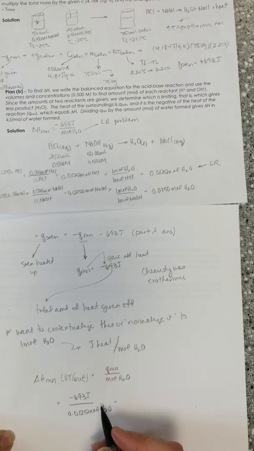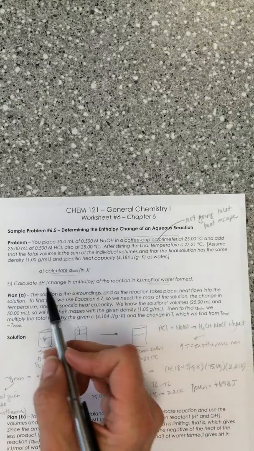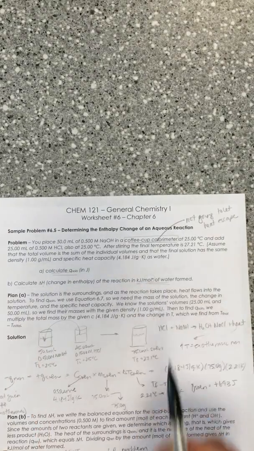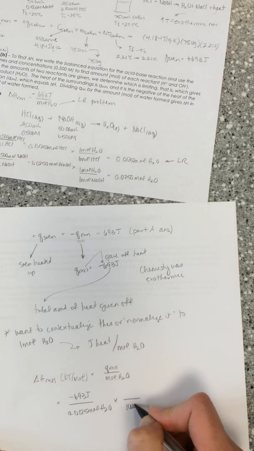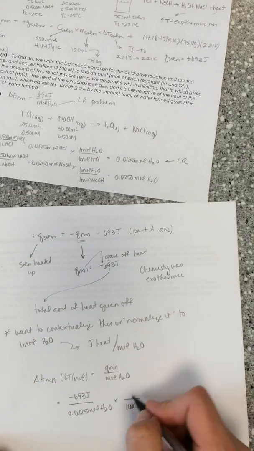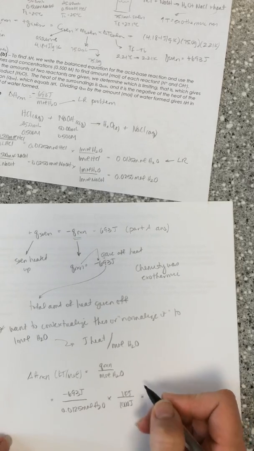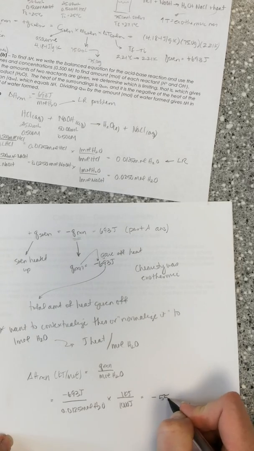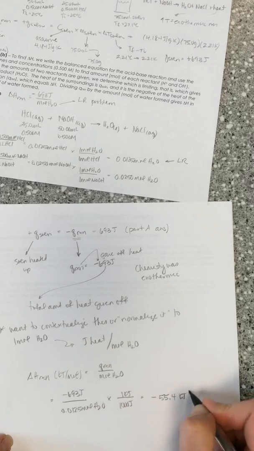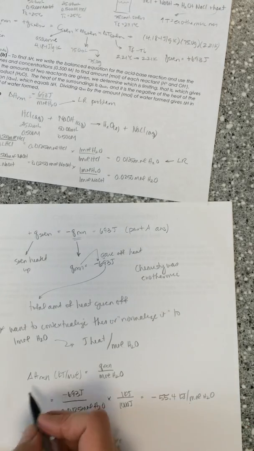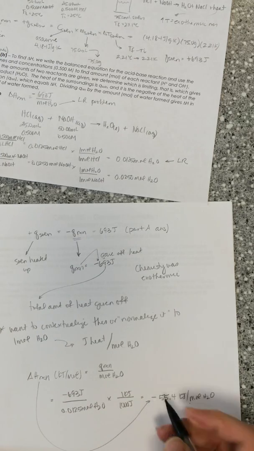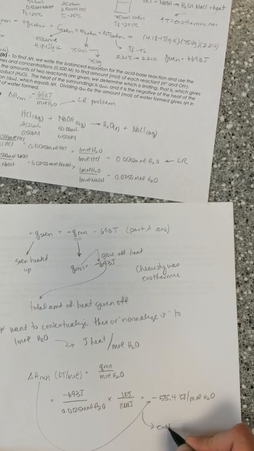And the problem asks us to calculate delta H in kilojoules per mole. So I'm going to divide this by 1,000. 1,000 joules is 1 kilojoule, and I get an answer that's minus 55.4 kilojoules per mole water. Again, delta H of reaction being negative is okay because that means it's exothermic, and that's what we'd expect.